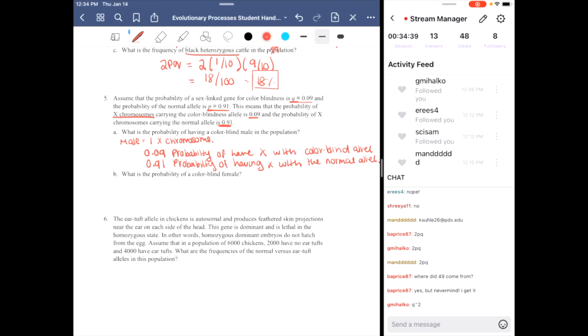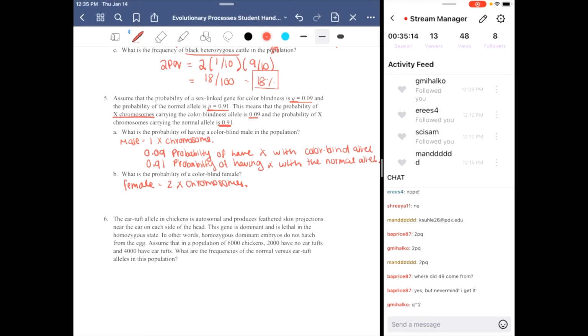So next, let's look at the probability of a colorblind female. So female have two X chromosomes. So that means that a colorblind female needs to be homozygous recessive for the colorblind allele in order for them to feel the detriments of having colorblindness.